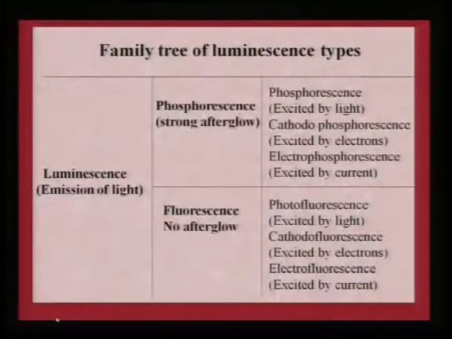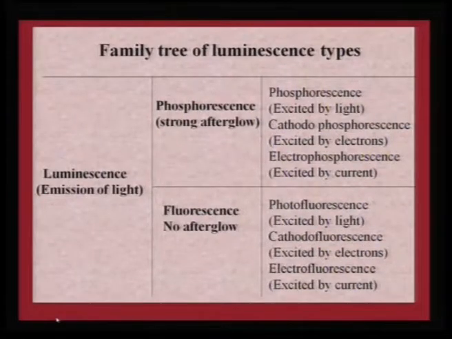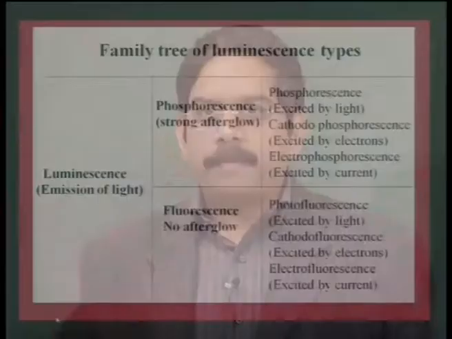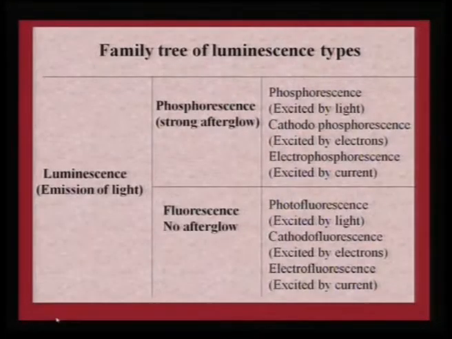Then you have a spin forbidden transition which is called phosphorescence, and because of its spin forbidden nature, it is a slow emission process. Therefore we can call this a strong afterglow. And in both categories we also have subsets of this process. One is photophosphorescence, which is excited by light, cathodophosphorescence when it is excited by electrons, and electrophosphorescence when it is excited by current.